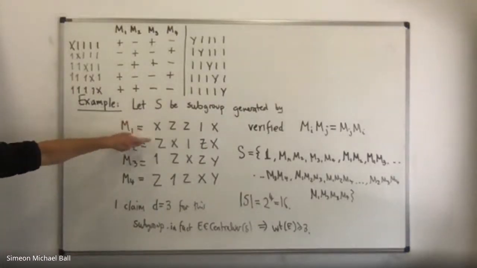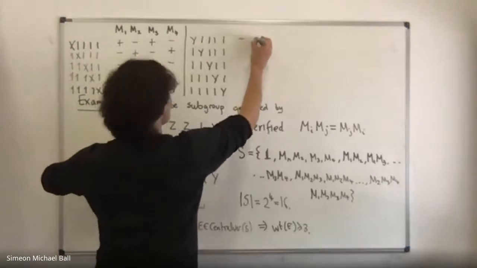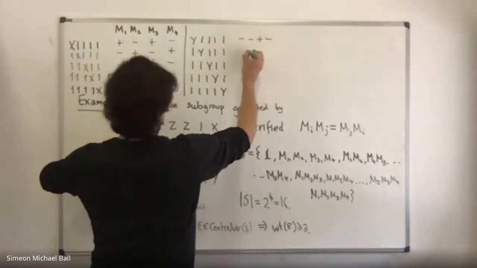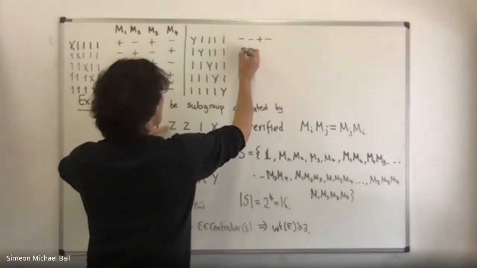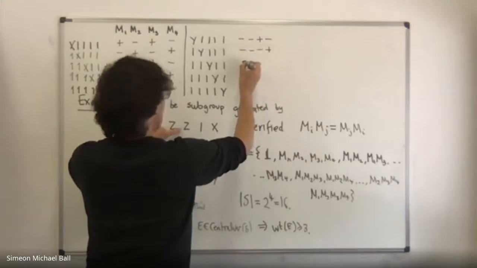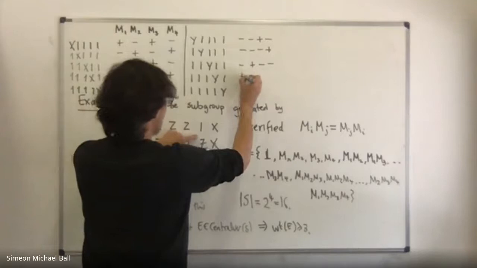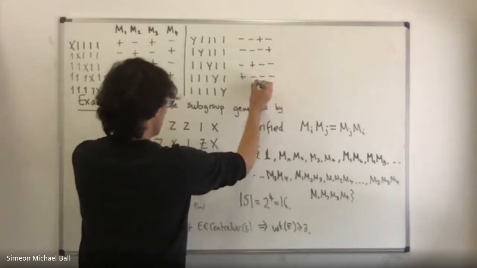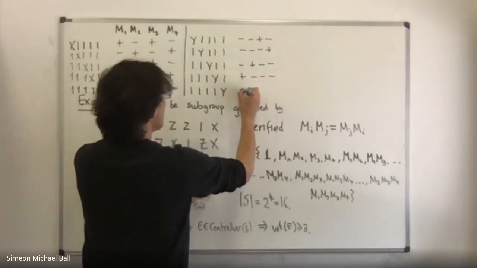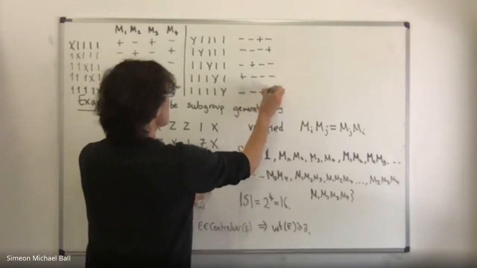So the Y's here is going to be minus, minus, plus, minus. In the second one, it's going to be minus, minus, minus, plus, minus, plus, minus, minus, plus, minus, minus, minus, and a minus, minus, plus.